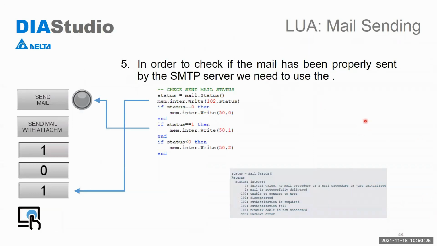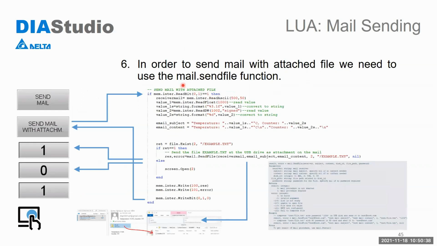Let me show you also, delete those mails. And let me show you the second option: we can also send not only a mail, but also a mail with an attachment.